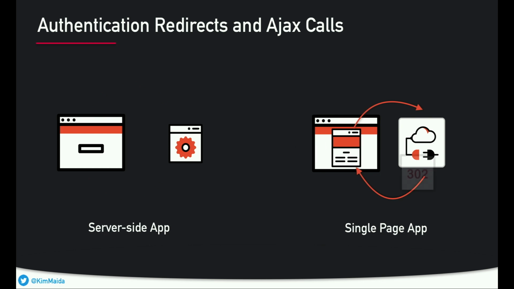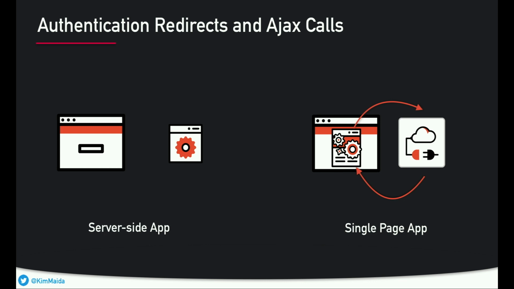So if your cookie is expired, then the response is going to be a 302 redirect, the same as in the other example. But in a single-page application, we need to add logic to handle that 302. If we're expecting a JSON response, we don't necessarily know what to do with an HTML page that says 302 on it.